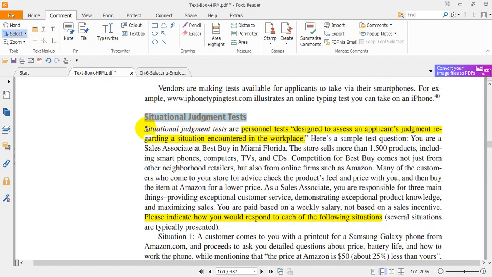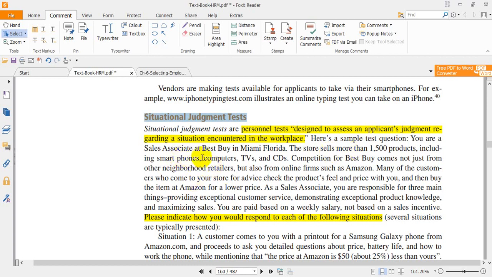In situational judgment tests, we put the applicant in the same situation as real work life. The test is designed to assess the applicant's judgment regarding a situation encountered in the workplace.